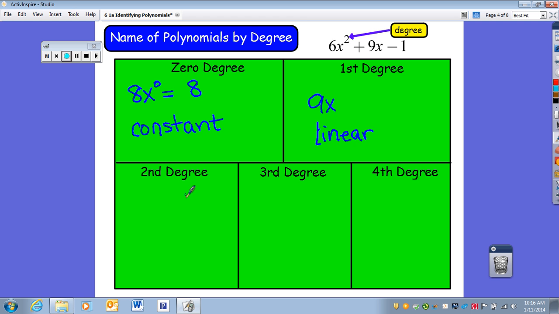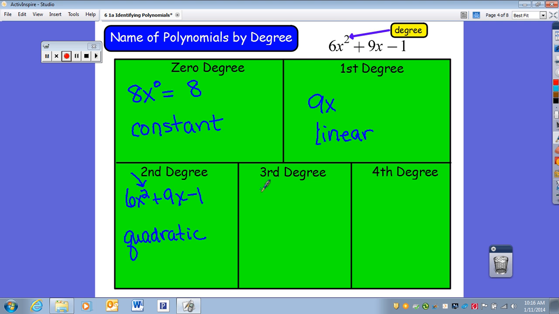To the second degree would be an example listed above, 6x squared plus 9x minus 1. This polynomial is to the second degree because that is the highest exponent, and the name for this is called a quadratic. And we're going to spend most of our second semester on quadratics.